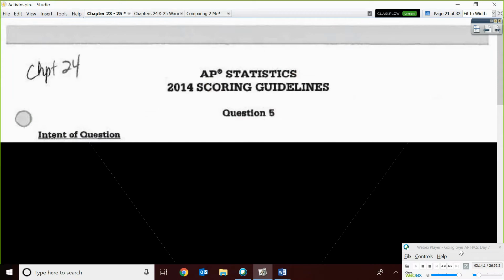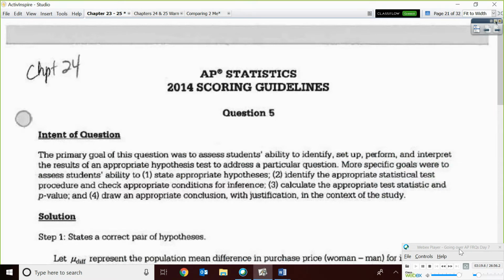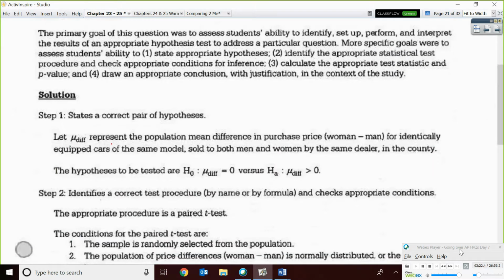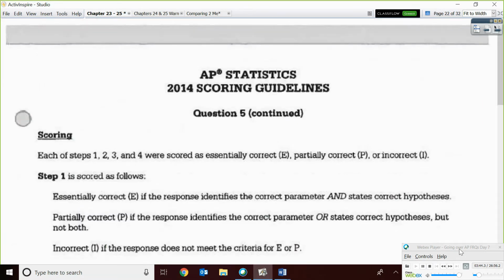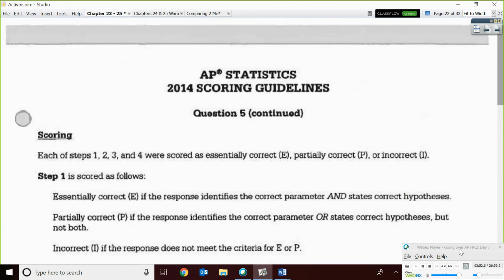So let's actually go on over to the grading guidelines and see exactly what they wanted. So see, look, they say here the average difference in the purchase price for the women and the men, for identically equipped cars of the same model. Let's see if they took off for that if you didn't do that. I don't know.